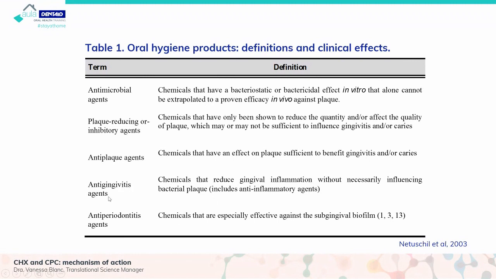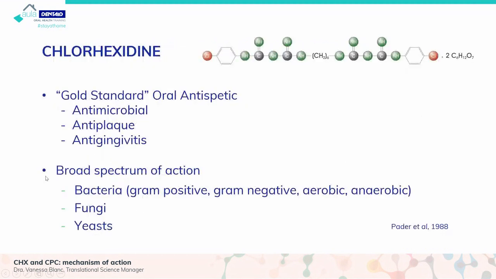The anti-gingivitis agents are chemicals that reduce gingival inflammation and bleeding, without necessarily influencing bacterial plaque. And the anti-periodontitis agents can fight against the subgingival biofilm composed of truly pathogenic microorganisms.